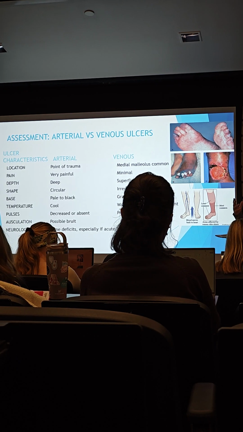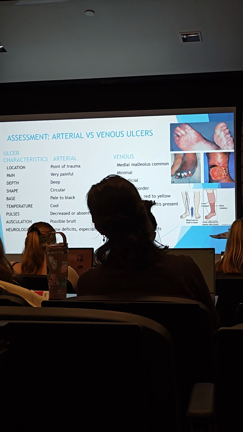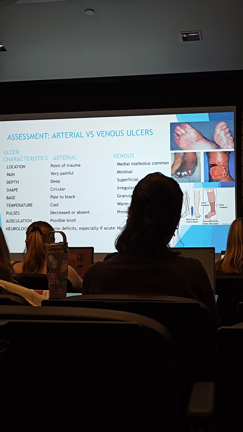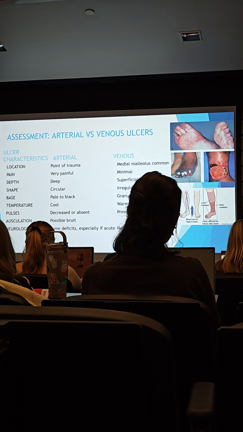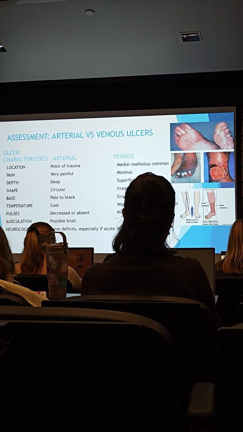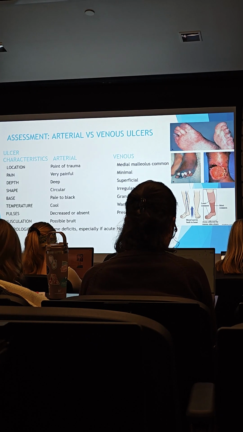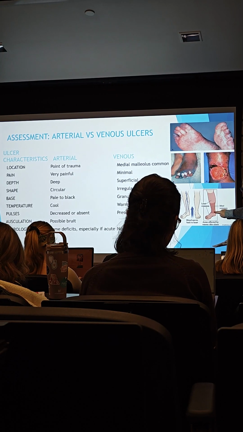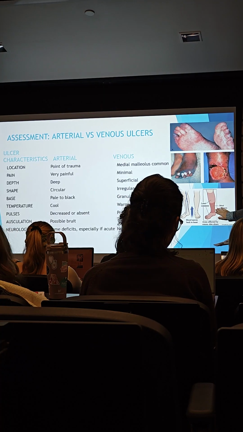If there's a phlebitis present, you have some marks, and typically you can still feel pulses. So these are the most common areas for venous skin ulcers. Just think of where that gaiter is.